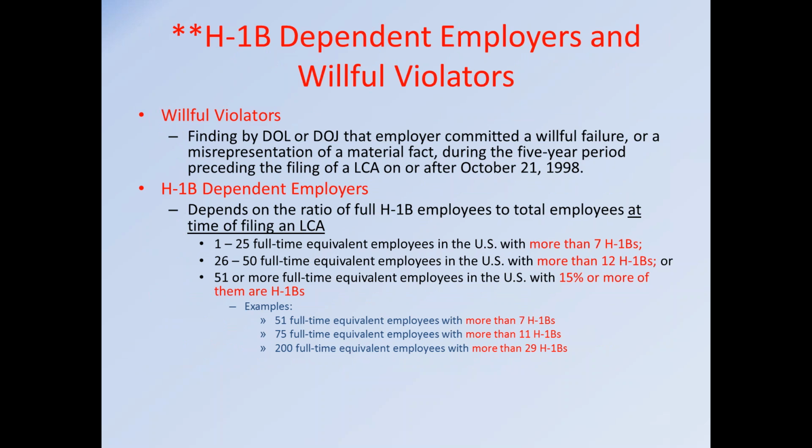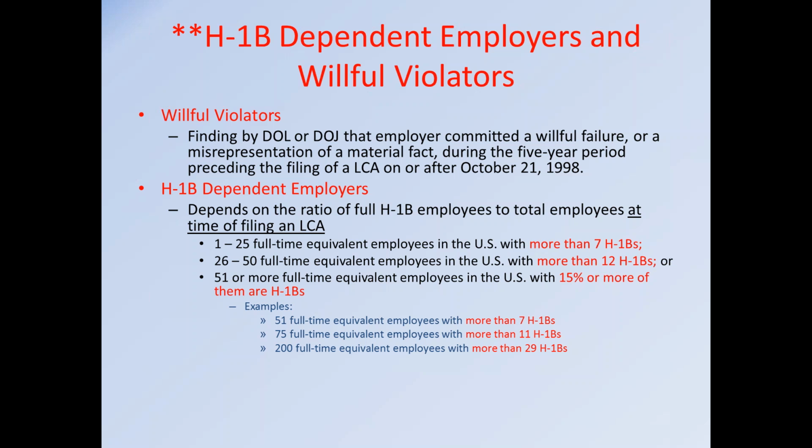So let's say 2 years ago, the employer that you're working for did have some DOL or DOJ action or decision against them about a willful failure to comply with the X, Y, and Z with the LCAs. That was within the 5 years of right now. So technically, yes, the employer is a willful violator, so that would be a box to check and additional attestations to make.